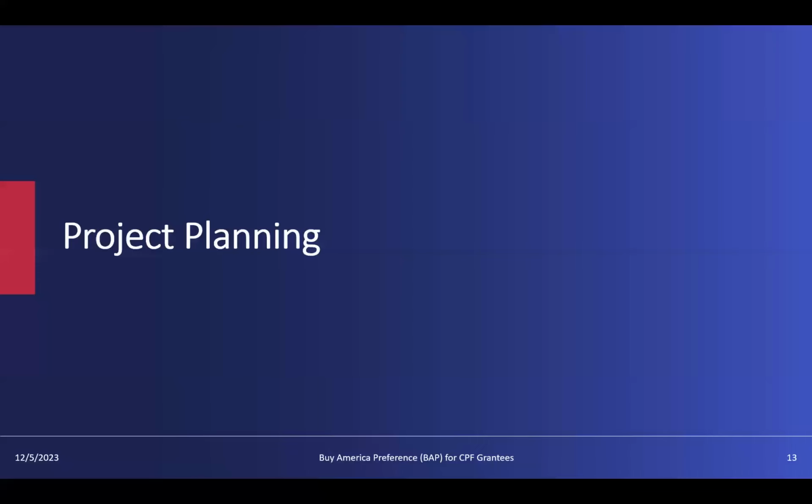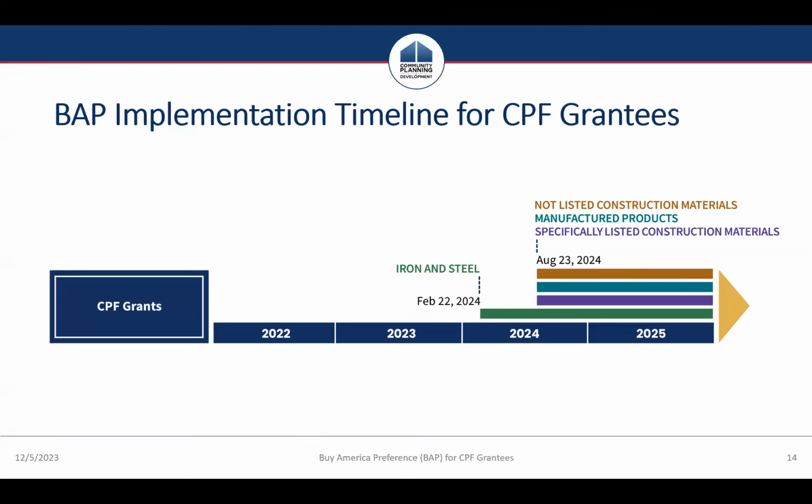Sorry. So we're going to move on to project planning. So first, I want to just talk about when does the BAP begin to apply for CPF grantees. So as we said at the top, BAP does not apply to FY22 or FY23 awards. The Buy America preference begins to take effect for CPF grantees on February 22nd, 2024.